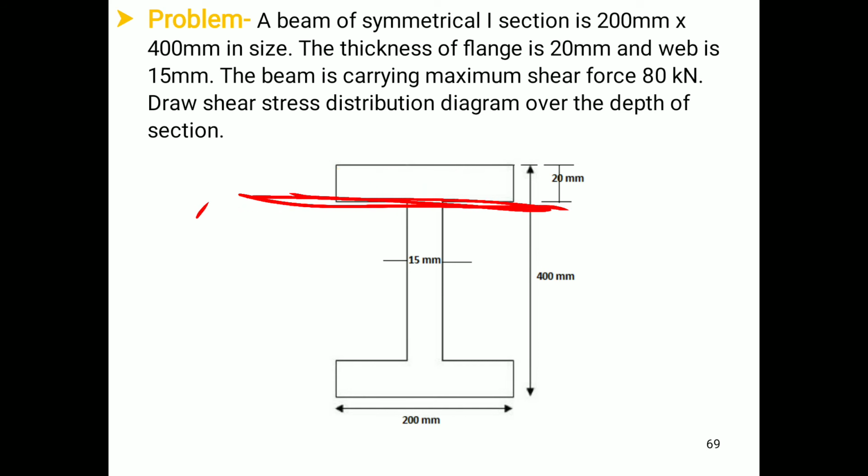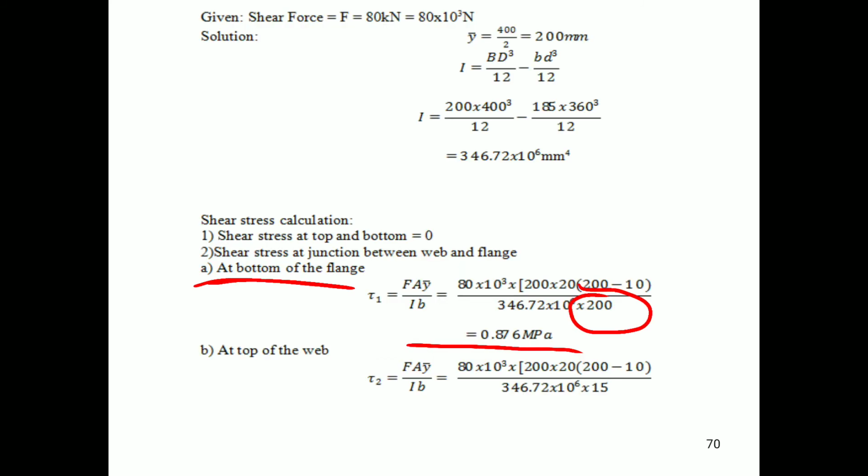Therefore, the bottom of the flange has a width equal to 200 mm. That value we have put over here. Therefore it is equal to 0.876 MPa. Now as the value of B increases, the value of shear stress decreases, because if the denominator becomes larger, the value automatically decreases.